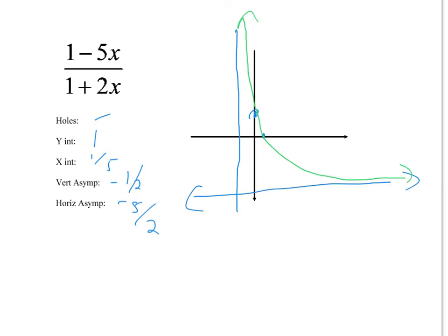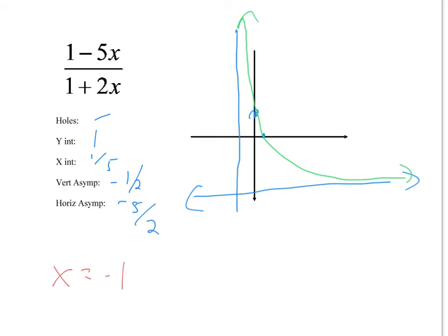And now we need to figure out what's happening on the left side of my vertical asymptote. My graph is either going to go up like this, or it's going to be down in this corner down here. Let's see. Basically, I can plug in a point, anything to the left of negative 1/2. Let's plug in x equals negative 1.